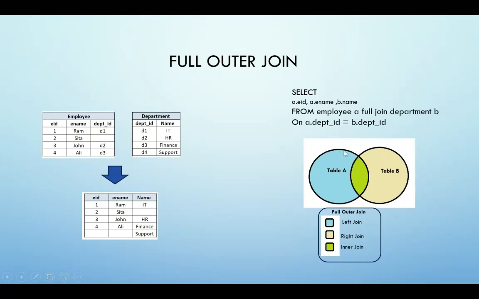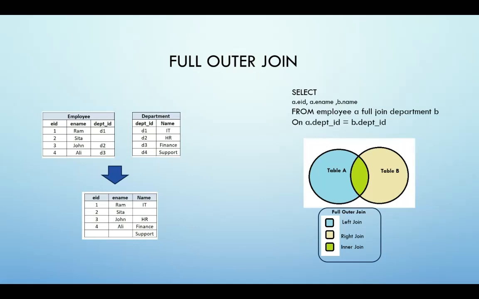The green color represents the inner join, the blue color represents the left outer join, and the yellow color represents the right outer join. So how do you build a full outer join query? Same thing: you take the left table and the right table and use a full join clause. The columns participating in this join condition are the department IDs from the employee table and the department IDs from the department table.